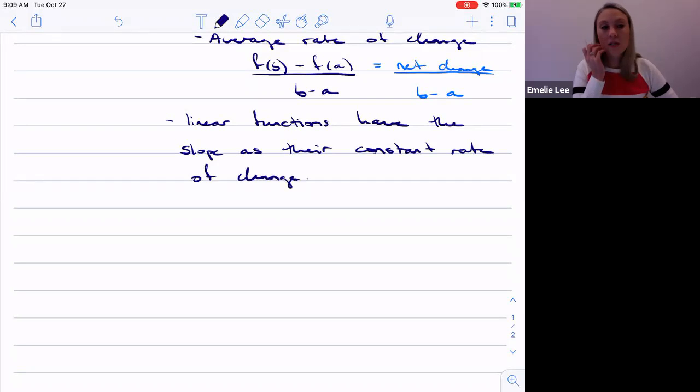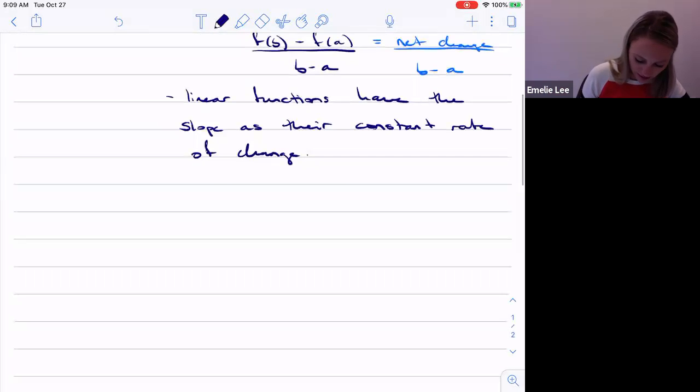So the slope is going to be the rate of change, and it just happens to be constant because if you think about a straight line, it doesn't matter. The net change is going to be the same on the same interval, and so the slope is the average rate of change for linear functions. So that's pretty handy. What else did we talk about here? Linear functions, not much. Then we went on to transformations.